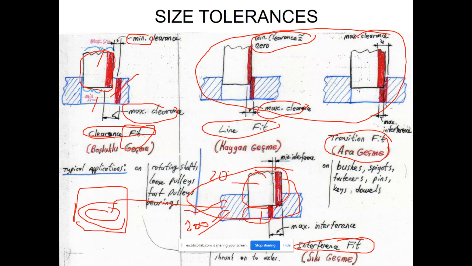Now, knowing these definitions, I know the expected question in your mind is to ask the teacher: Hocam, how can we guarantee to have the fitting as clearance fit, interference fit, line fit or transition fit?